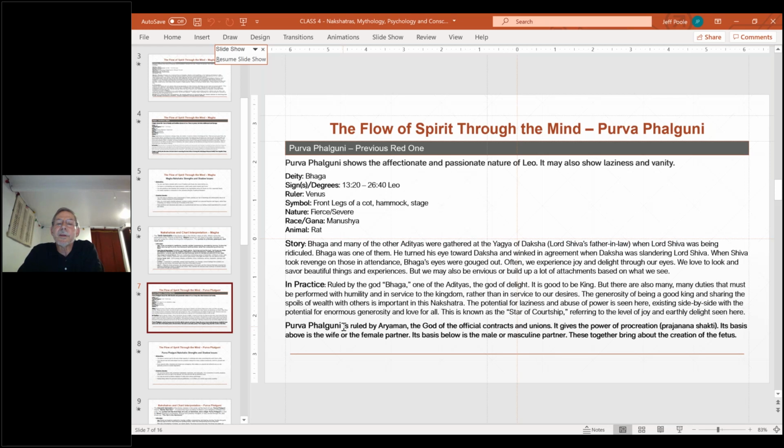So the whole idea here is to revel in that garden of earthly delights, and for everyone to be delighted with the kingdom and see it as part of their whole. And everyone wants to take action and do something in that kingdom. So the king needs to delegate things, and it's in Purva Phalguni that they recognize there's a lot of stuff to do here and I can't do it all, even though it's my kingdom.